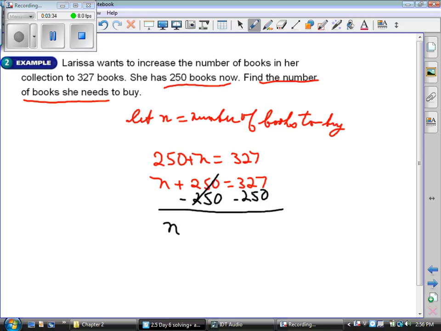These two zero each other out, as we say, equals 77, and we put a label, books. All right? And to check, you just go back, reread the question, and see if 77 makes sense in the problem.